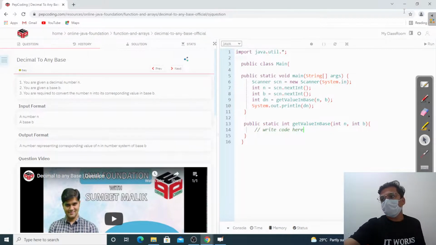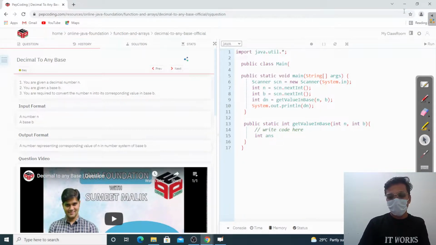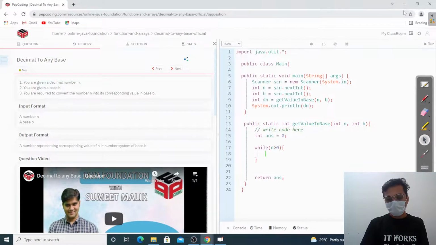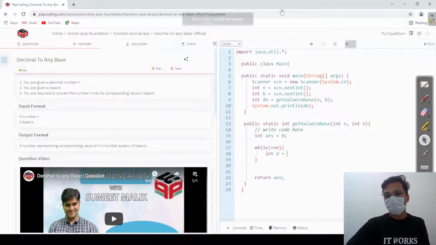So we are given an answer, initially initialized to 0, and we have to return our answer. Now we have to run a while loop until the number becomes equal to 0. Now we are going to extract the digit. So how are we going to extract the digit?